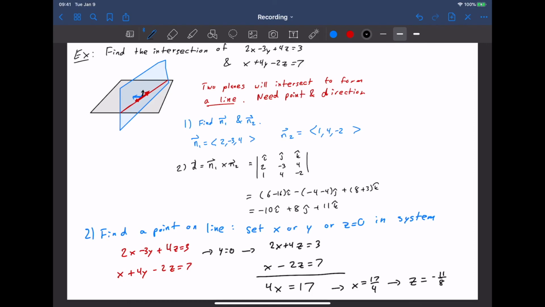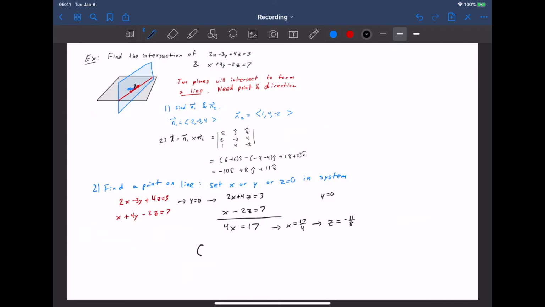And again, y equals 0. So the point is 17/4, 0, -11/8. Direction vector equals -10, 8, 11.